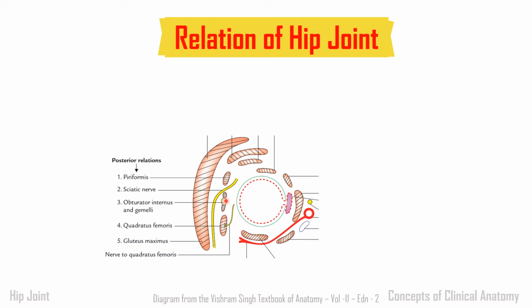Below that we have the obturator internus with two gemelli, that is the superior and inferior gemellus. Just inferior to that we have the quadratus femoris, which is supplied by the nerve to quadratus femoris. So this is the posterior relation of the hip joint.